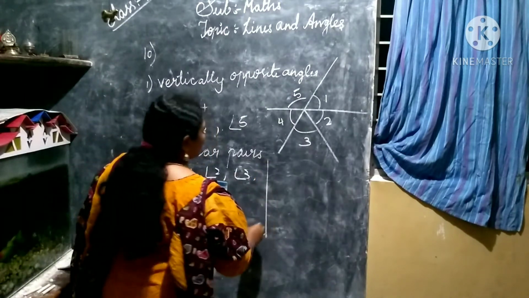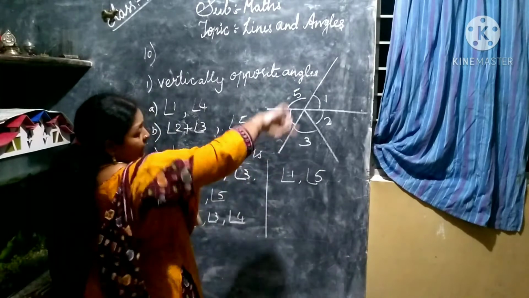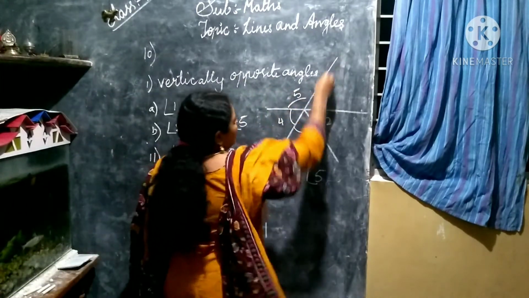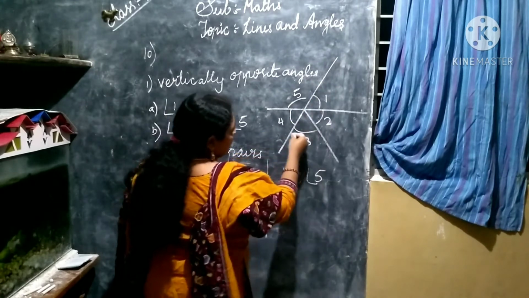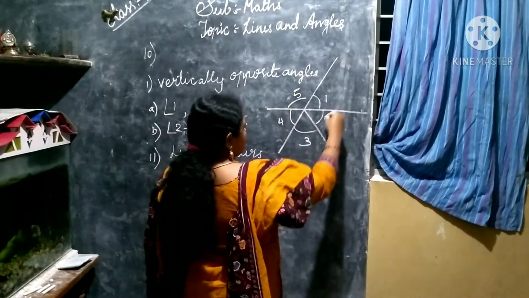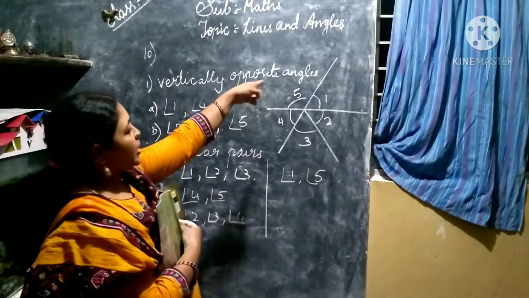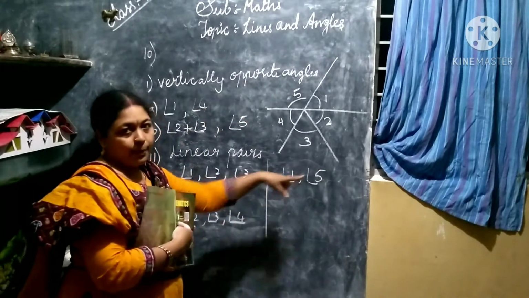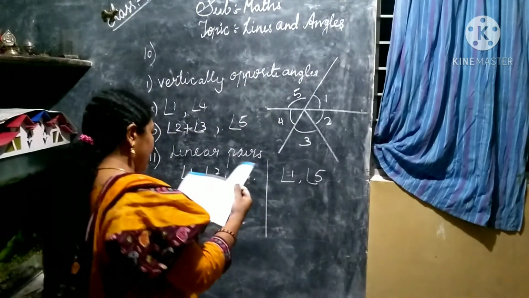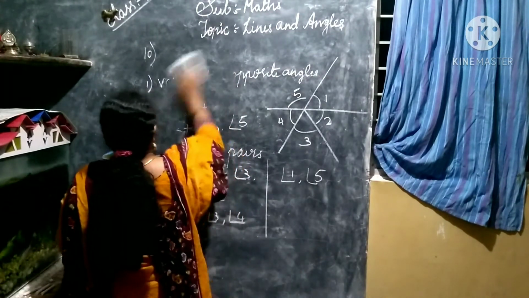And the fourth one you can get is angle 1 and angle 5. So in 4 directions you can search for linear pairs. In this direction it is 1, 2, 3. Second one like this, third one like this, and the fourth one like this. So in all 4 directions you can find the linear pairs. Is it clear? Now let us go to the 11th one.